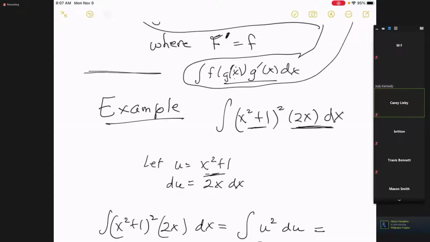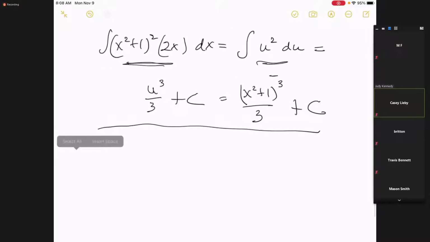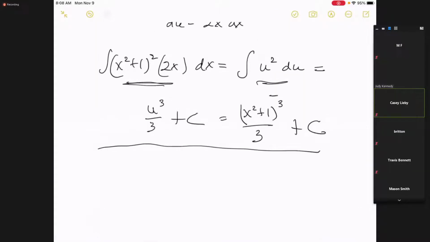Okay, let me change this a little bit. That 2 right there, I don't really need to have that in there. It's a constant, and you can adjust for constants. You cannot adjust for the lack of an x. So let's look at a slightly modified problem.